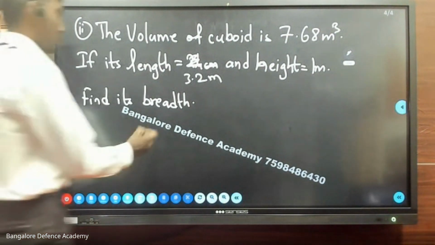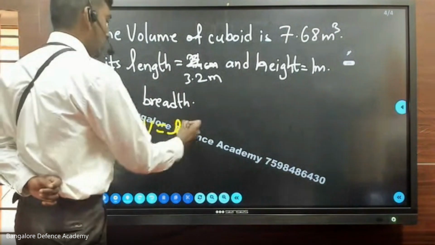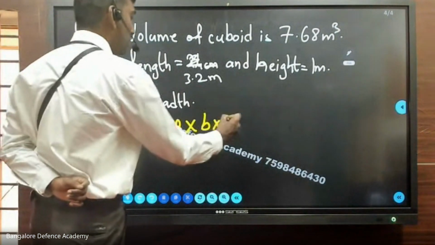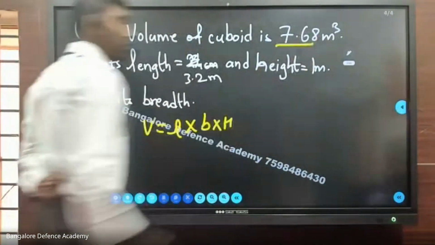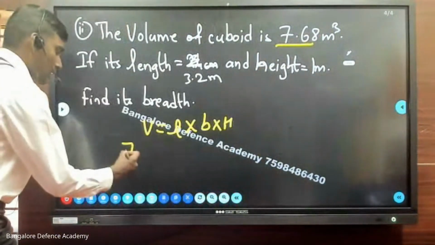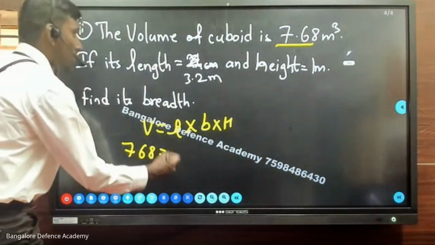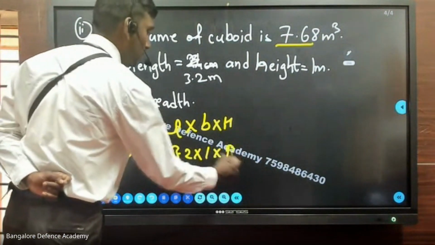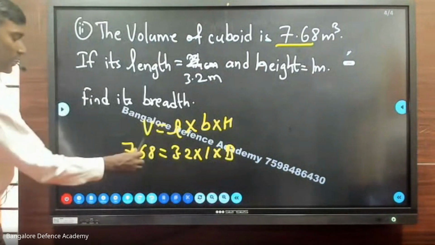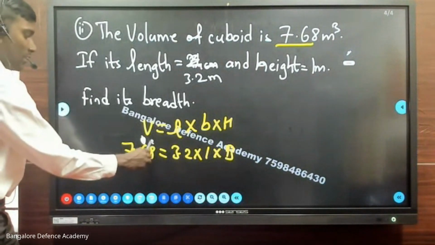Okay, then देखो सब लोग. Volume is equal to length into breadth into height. You can do this. Only the problem is this point is going to disturb you. 7.68 is equal to length 3.2, height 1. You have to find the breadth. After point, how many digits you have? 1 and 2.